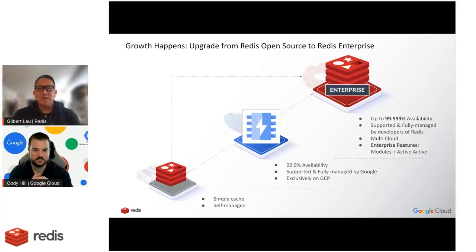As customers' business continue to grow, they are likely to reach the limit of what Memorystore can do. It is a logical next step to upgrade to fully managed Redis Enterprise in Google Cloud Marketplace. The customer will be able to leverage the existing Google Cloud commits and enjoy the unified billing.